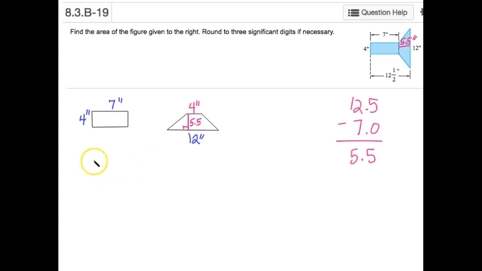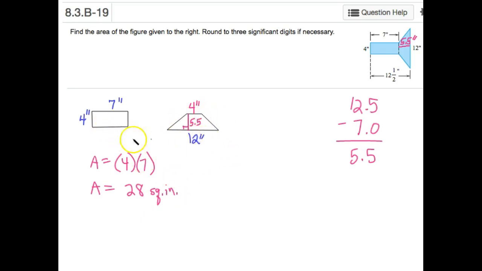Now we just have to calculate each of these shapes separately. The area of the rectangle would be length times width, so we would have 28 square inches for just the rectangle.